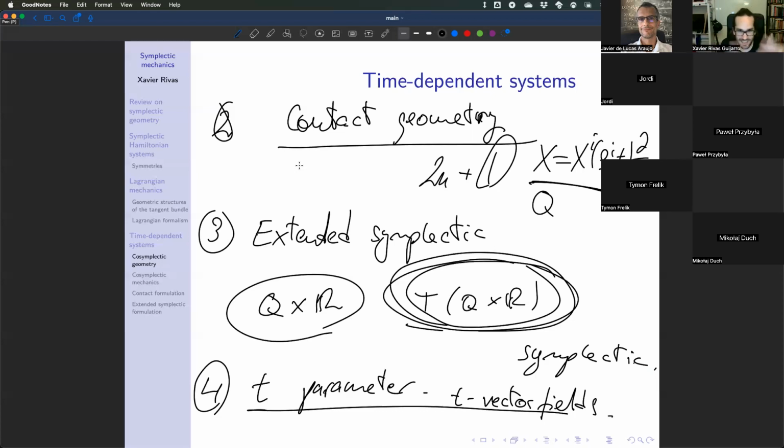I always introduce it as a dimension in the manifold somehow. The problem is that it can be a parameter, but there is no partial derivative in terms of time in this approach. Yeah, you're right. So you need the standard symplectic or cosymplectic one also.